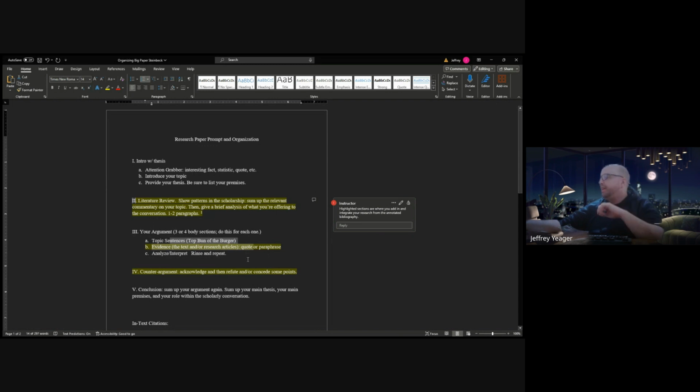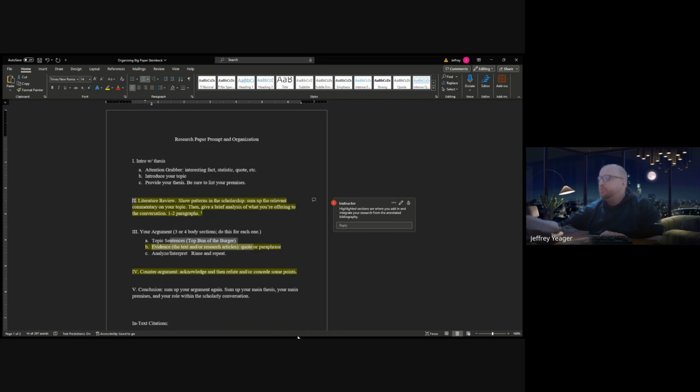You can also paraphrase the text, though oftentimes it's more effective to quote. And of course, you can also use your research articles to give proof for your claims. This doesn't just have to be one paragraph for each of your premises either.